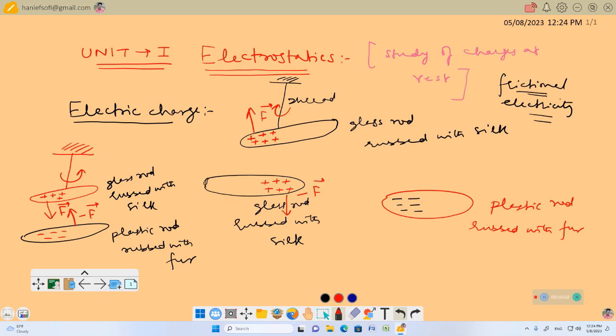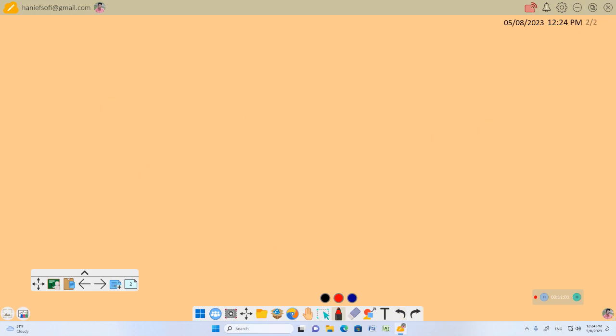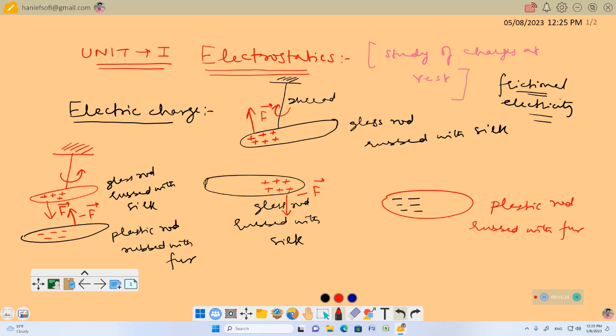The conclusion is that charges are of two kinds. One is called positive and the second is called negative, right? The charge on the glass rod rubbed with silk is positive. The charge created in the plastic rod rubbed with fur is negative.